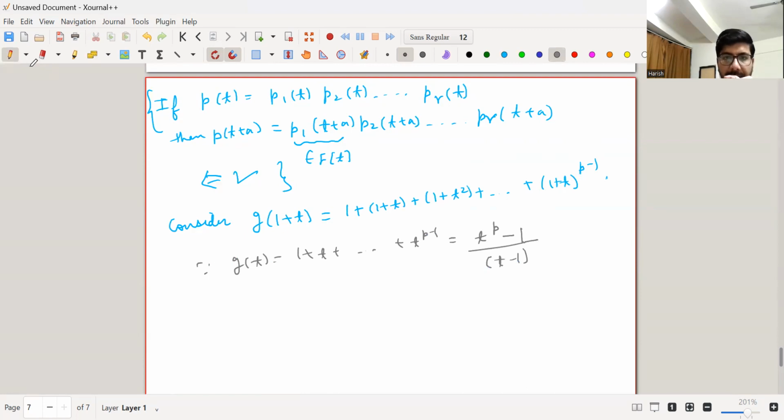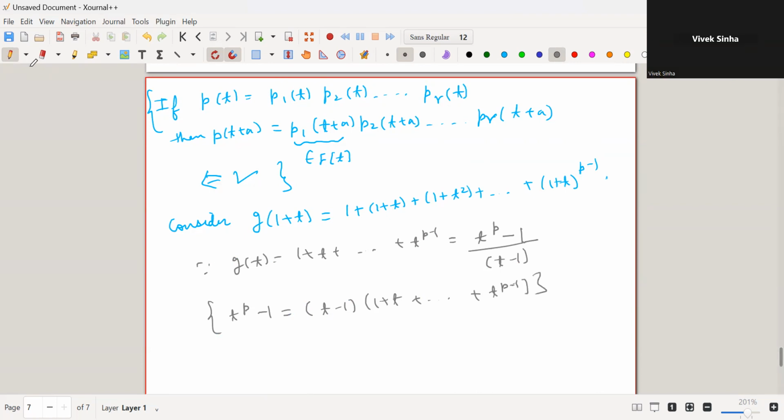Why? Because you can see that t^p - 1 is the same as (t - 1) times (1 + t + ... + t^(p-1)). You can just take the product and see that this is equal to this.